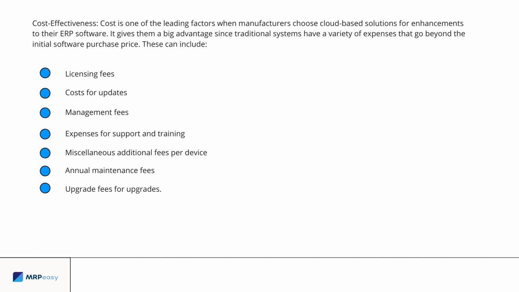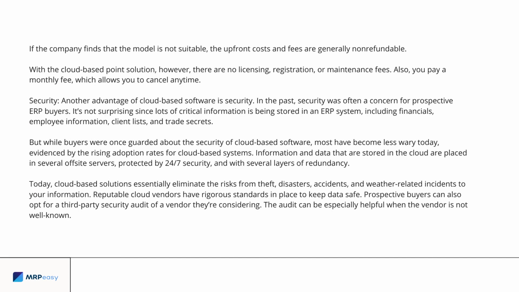If the company finds that the model is not suitable, the upfront costs and fees are generally non-refundable. With the cloud-based point solution, however, there are no licensing, registration, or maintenance fees. Also, you pay a monthly fee, which allows you to cancel at any time.